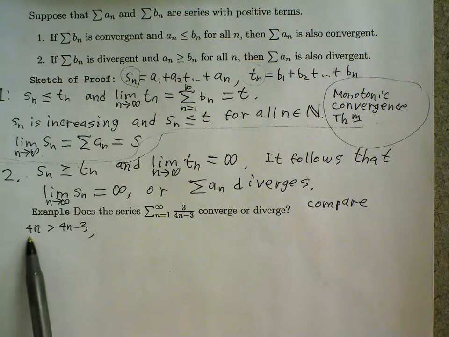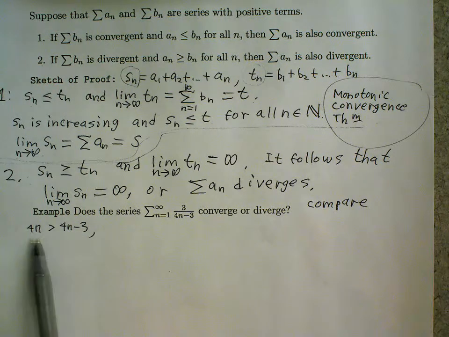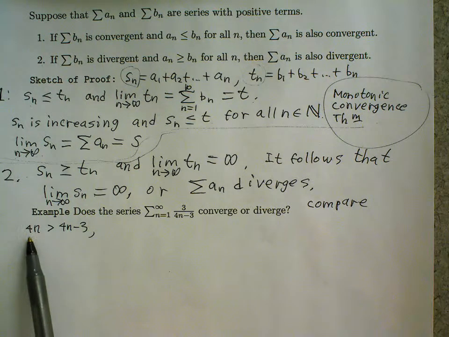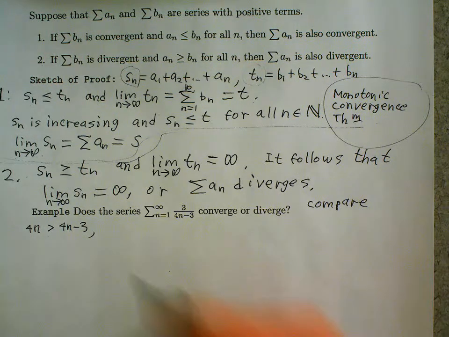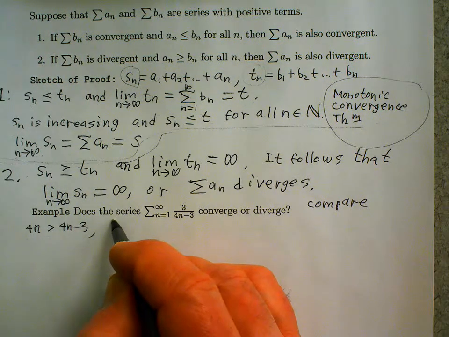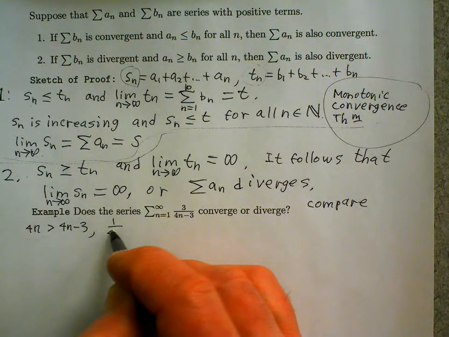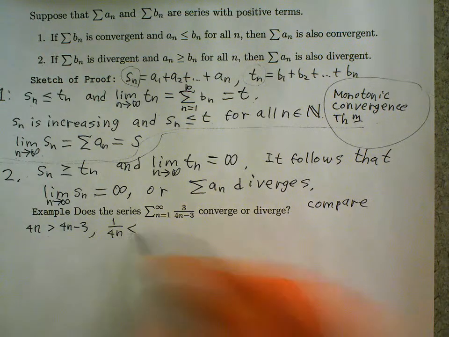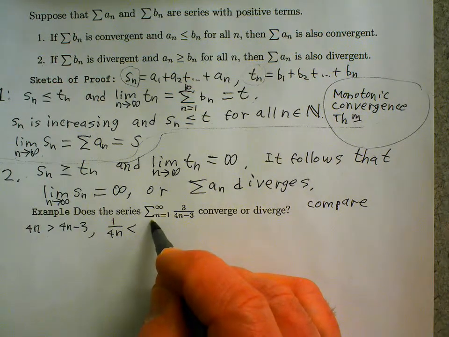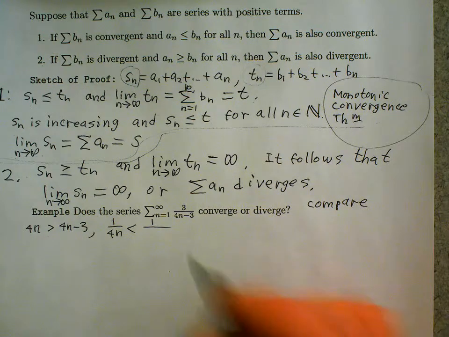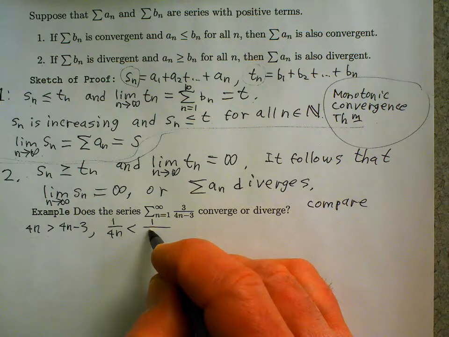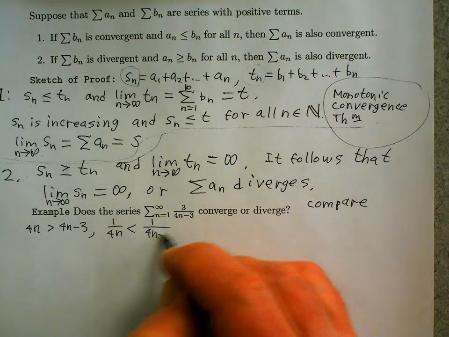And then a fact about arithmetic. If 4n is greater than 4n minus 3, then the reciprocal of 4n, which is 1 over 4n, is less than the reciprocal of 4n minus 3. So 1 over 4n is less than 1 over 4n minus 3.